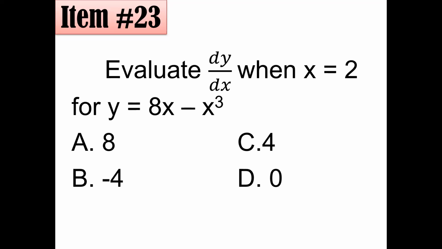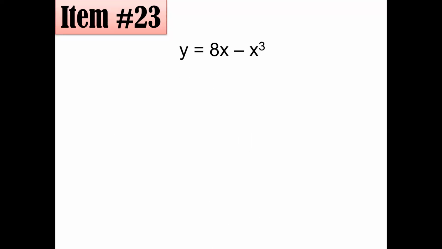Letter C? Okay. So if you take this one, y equals 8x minus x cubed, remember, if you have a polynomial function, to get its derivative, you can use term by term differentiation. The derivative of 8x is 8. Bakit? Understood na 1 po yung exponent dito ng x.